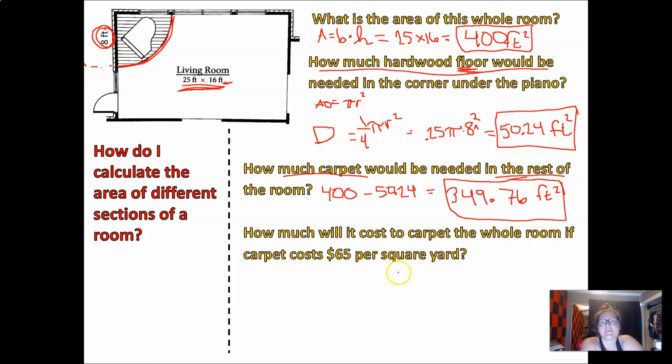All right. And then it's not enough to just know how much. A lot of times we're going to have to buy it, right? If we're going to put carpet, if we're going to put hardwood floor, we would need to go buy it. So how much will it cost to carpet the whole room if the carpet costs $65 per square yard? Now, we've been doing square feet, and this says square yard.